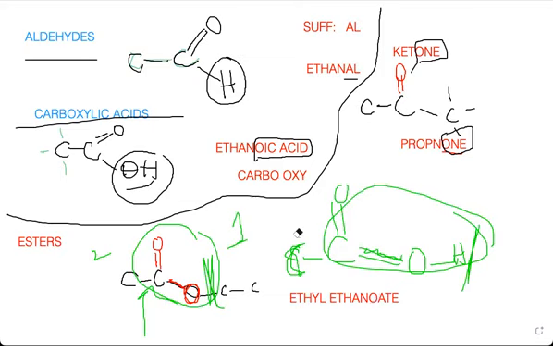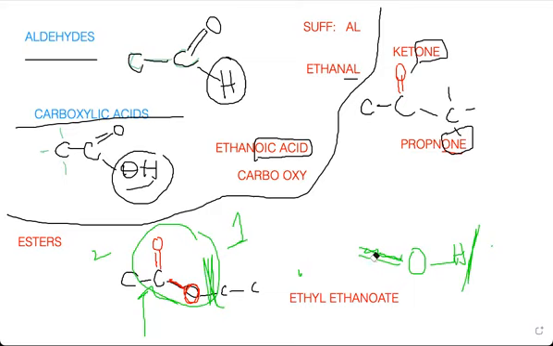So keep in your mind that ester and ketone can be present in the middle of the chain. Carboxylic acid and aldehyde are both present at the corner carbon, not in the middle carbon. You can never make carboxylic acid with the middle carbon. For carboxylic acid, you have to make one double bond with oxygen and one OH.